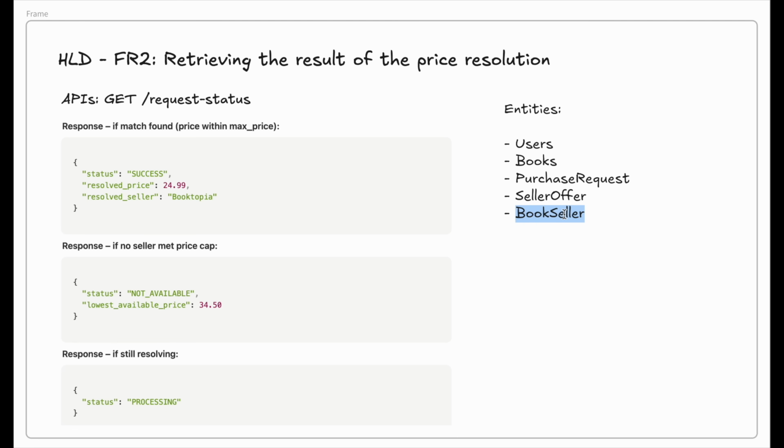Since each seller exposes a different API with different formats and protocols, this entity stores per seller configuration. For example, the API endpoints, the request templates, the response mappings, the retry policies, and quality scores like latency or success rate. So this gives our system enough context to talk to dozens or even hundreds of the sellers cleanly.